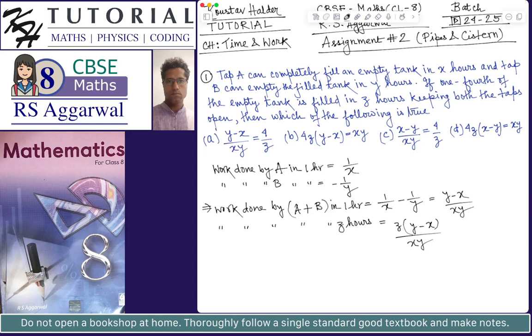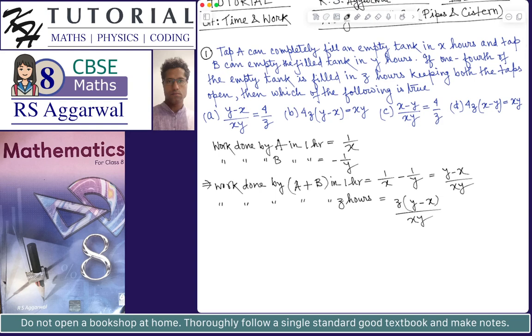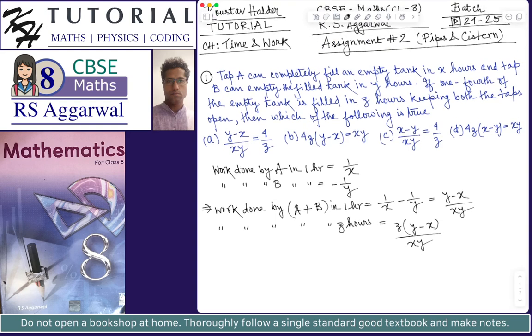So we have work done by A plus B in Z hours is Z into (y minus x) divided by xy. Now this work done must be equal to 1 by 4, since it is given in the problem that 1/4 of the empty tank is filled in Z hours. This means that the work done in Z hours by both A and B, when both the taps are open, is 1 by 4.